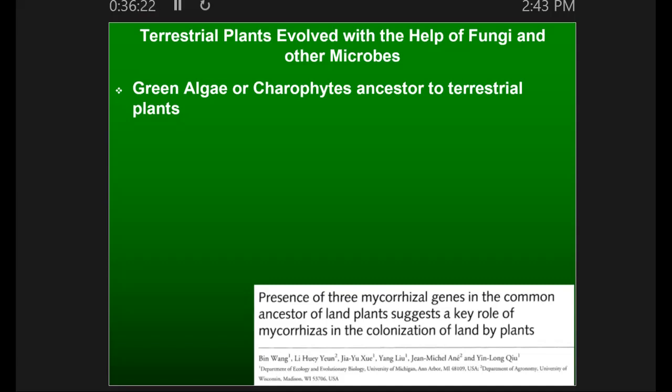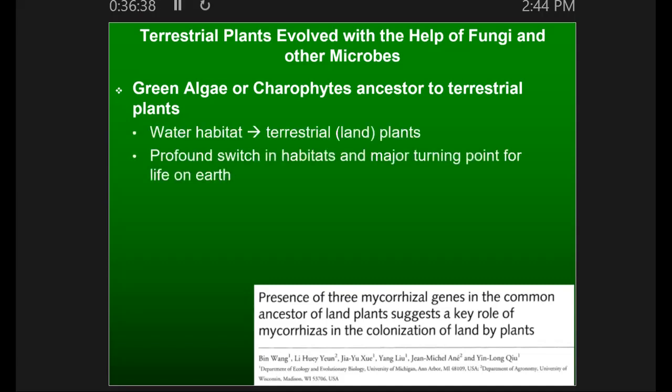That's phenomenal. So how in the world did we get terrestrial plants from their ancestor green algae in the ocean? That has been intensely studied, lots of debate. But what they are finding is that about 500 million years ago, MYA, million years ago, fungi were there to help this process out.